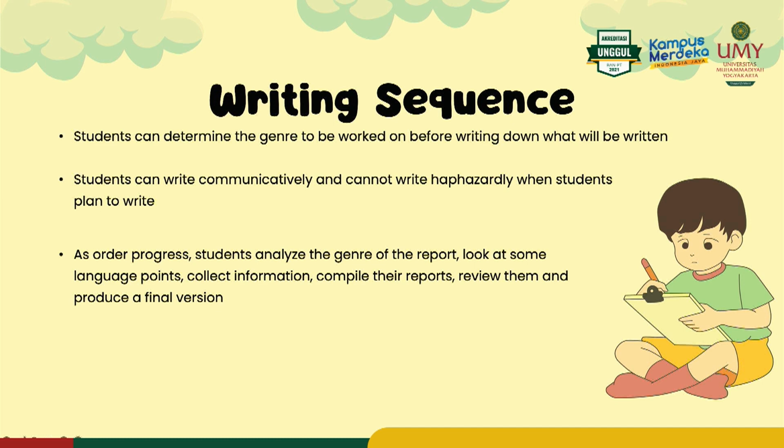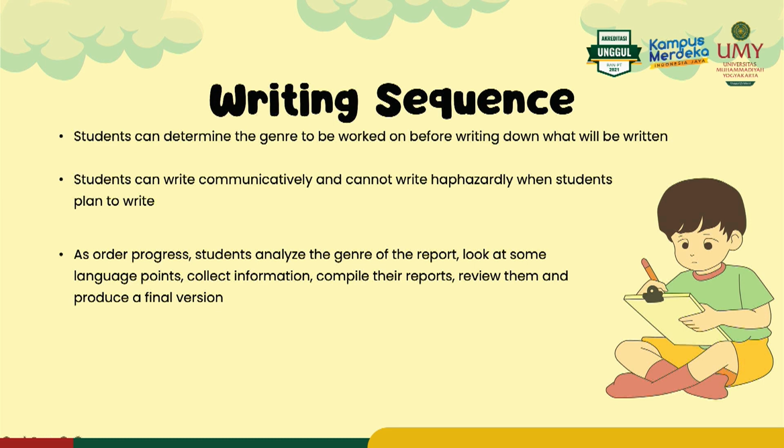And writing sequence. So what should we think about this? Students can determine the genre to be worked on before writing down what will be written. So first decide the genre, or first decide the theme of writing. And then after that, students can write communicatively and not write haphazardly when students plan to write.